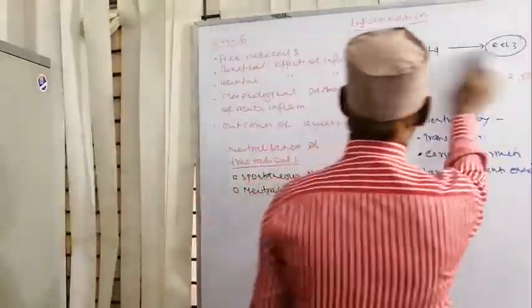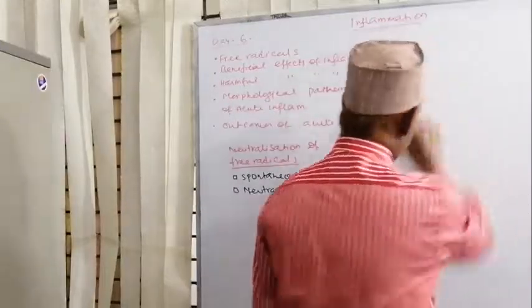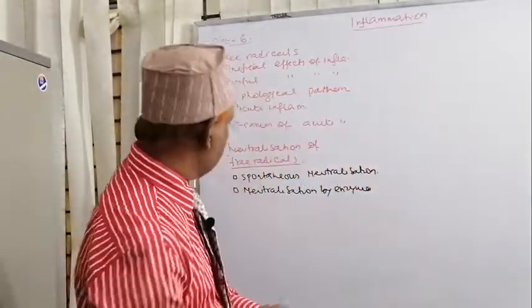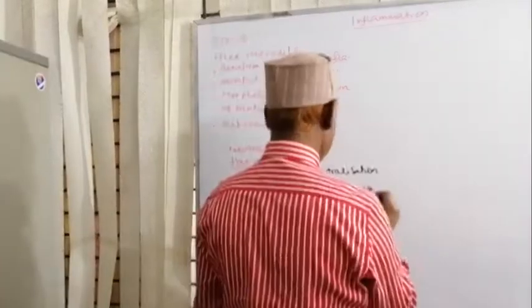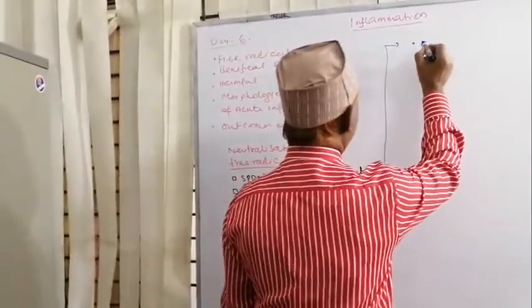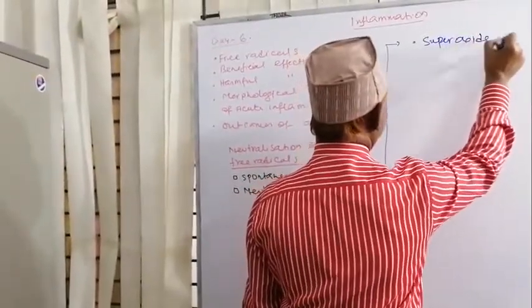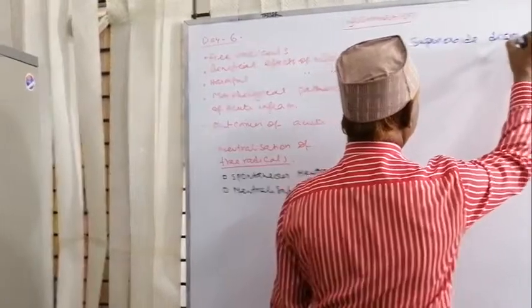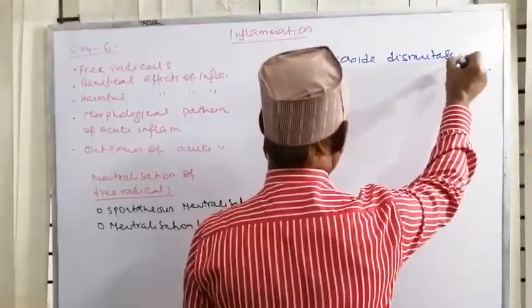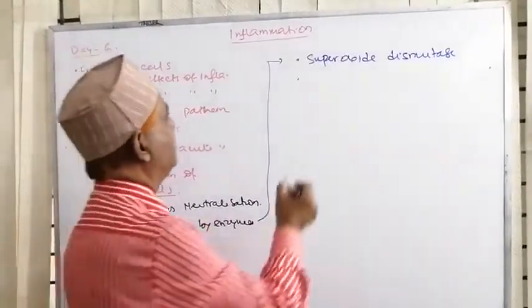Now come to what are the enzymes associated with neutralization. Number one, superoxide dismutase, it can utilize superoxide.